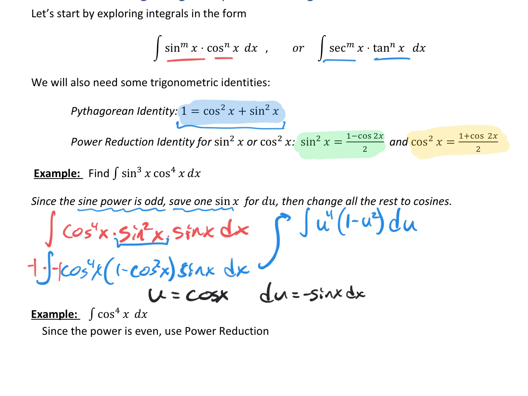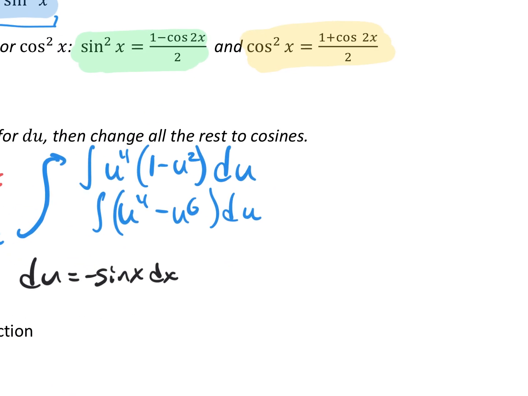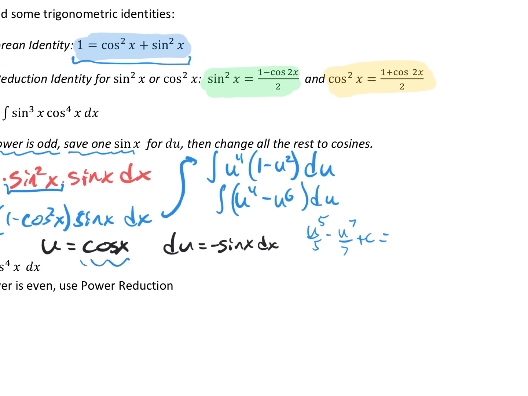All right, there you have it. We should be able to do this pretty easily. Distribute that u to the fourth: minus u to the sixth du. Now we can use our power rule and take the integral. This is equal to u to the fifth over 5 minus u to the seventh over 7 plus c, which, u we said was cosine x.